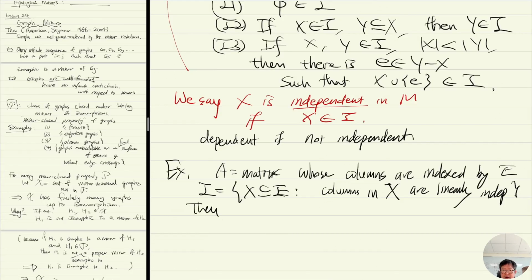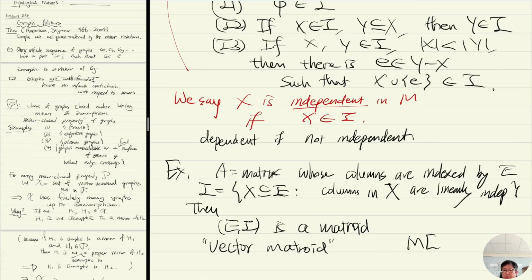Then (E, I) is a matroid, and this is commonly called the vector matroid. We write it M(A).